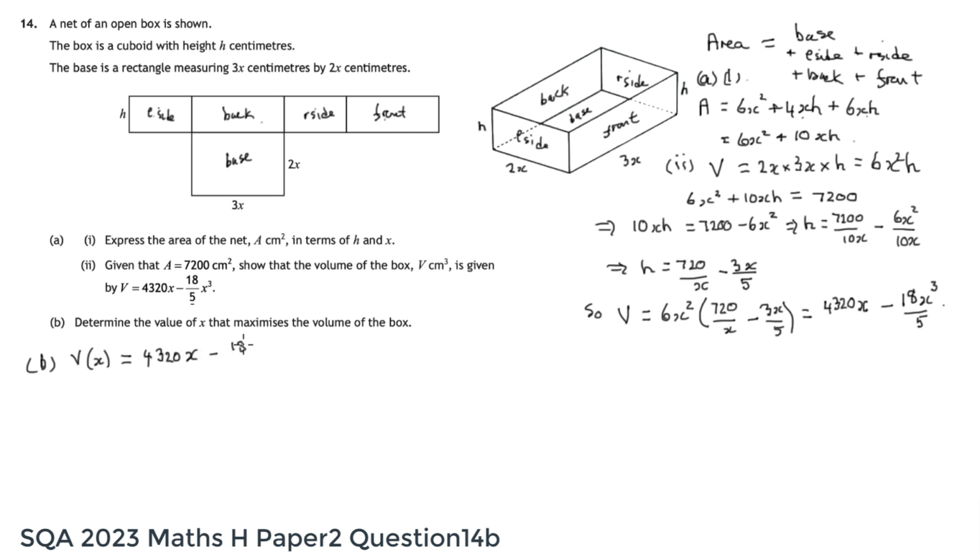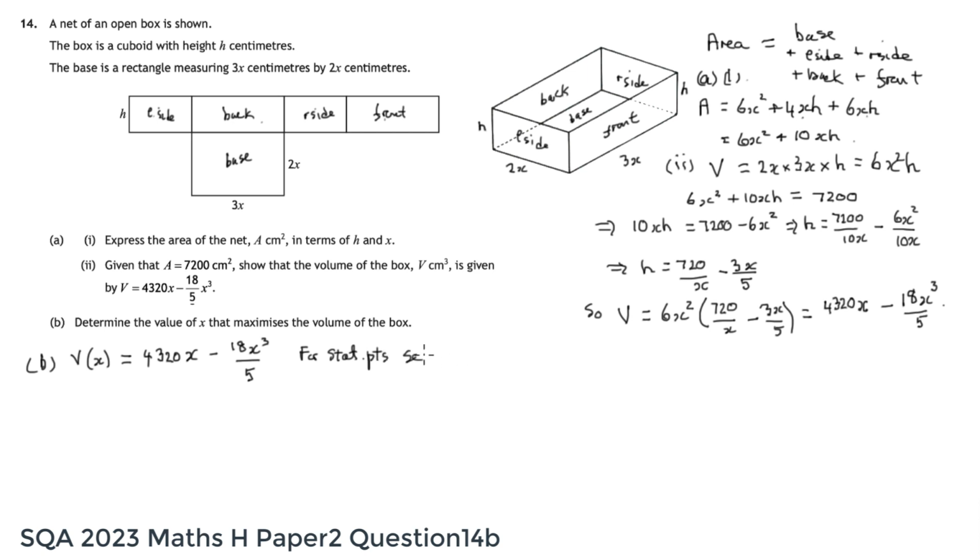And if we're trying to find maximum values, think of the graph of the volume. We would be looking for a maximum stationary point, in other words, when the gradient on the graph is equal to 0. So we're going to have to differentiate and discover the stationary points on this graph. So let's do this for stationary points.